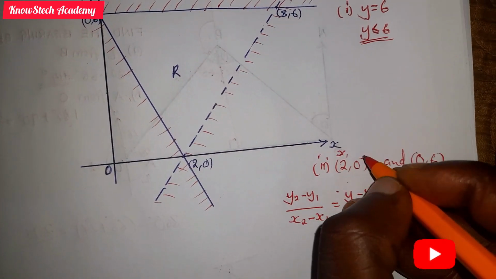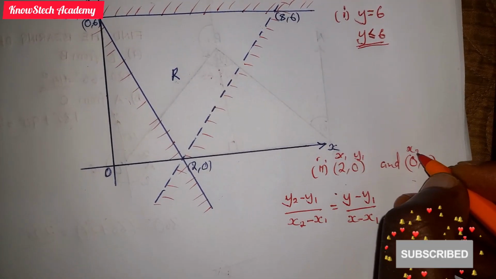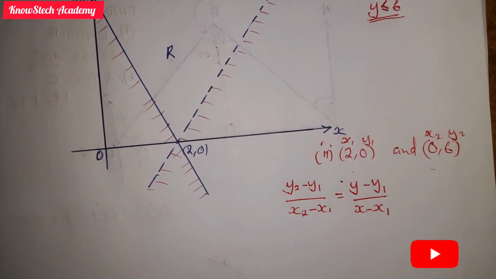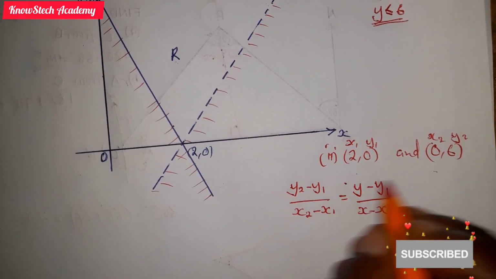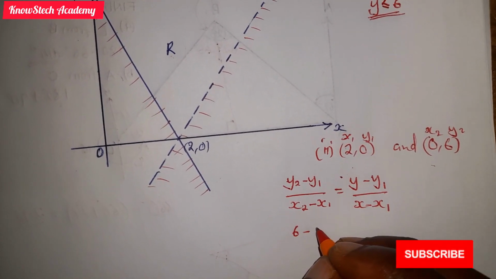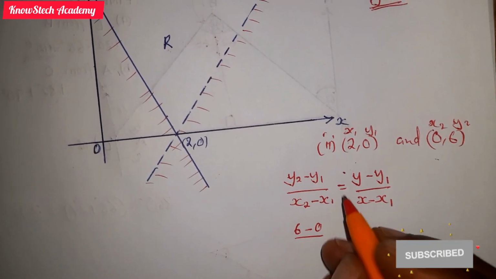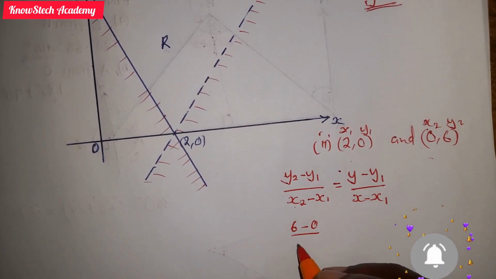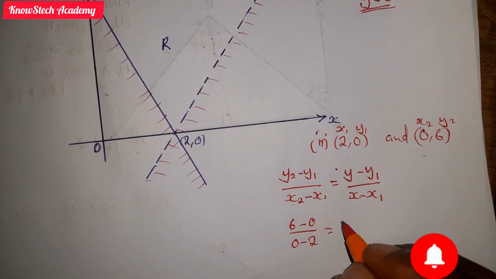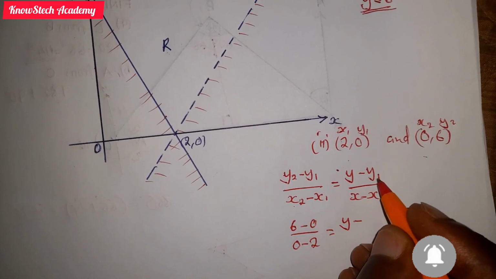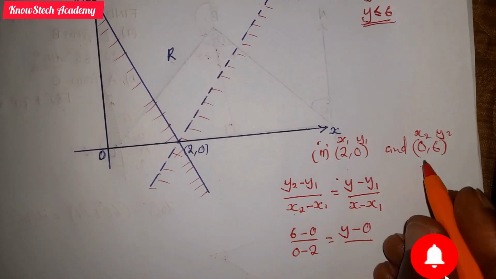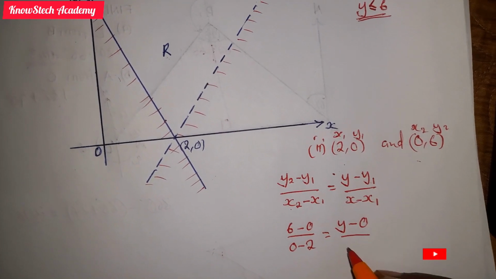This is x1, this is y1, x2, y2. Let's substitute and find the equation. y2 is 6, 6 minus y1, 0, over x2 which is 0 minus x1, 2, is equal to y minus y1, 0, over x minus x1.